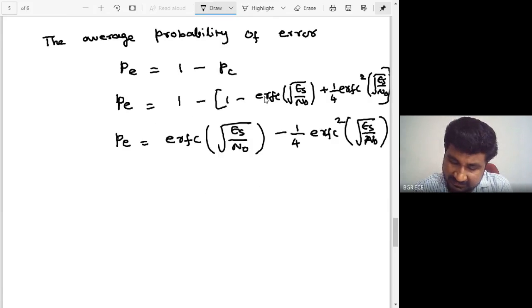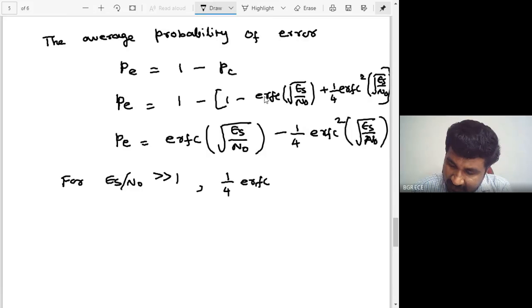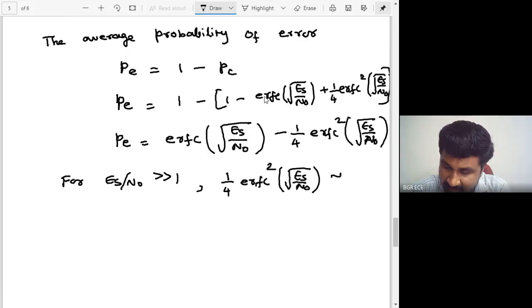For greater SNR, that is ES by N naught is very much greater than 1, then 1 by 4 error function of ES by N naught the whole square will have a very small value, which is approximately equal to 0.